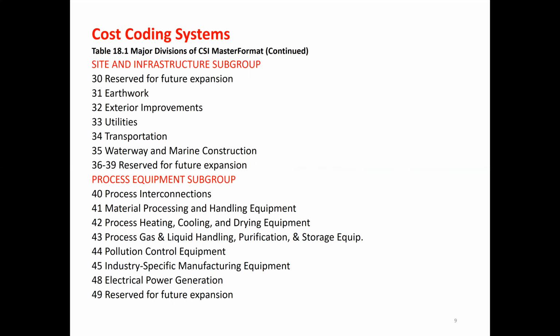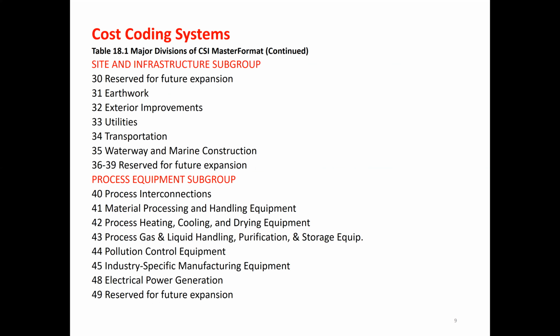So these are the major divisions of the Construction Specification Institute master format, a total of 49. Number 30 is reserved for future expansion. 31 is earthwork, 32 exterior improvements, 33 utilities, 34 is transportation, 35 is waterways and marine construction, and 36 to 39 are reserved for future expansion.